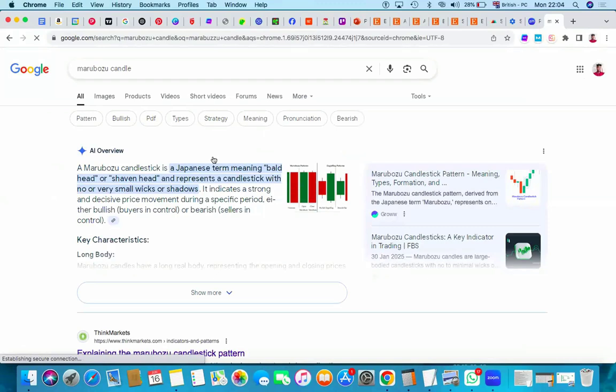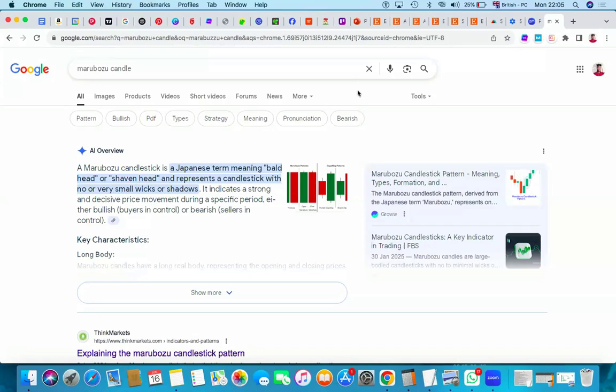It's a Japanese term meaning a bald head or a shaved head, and it represents a candle with no or very small wicks or shadows. You see, there are always three scenarios: either the bullish candle is engulfing the next candle within it, or just a full body without a wick. So let's go back to our chart.